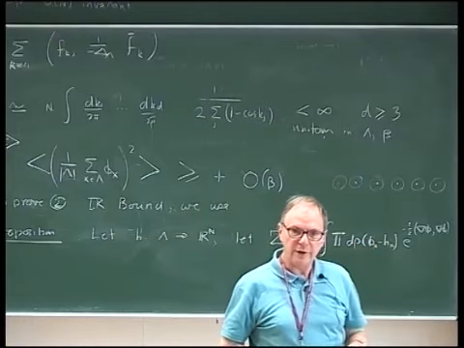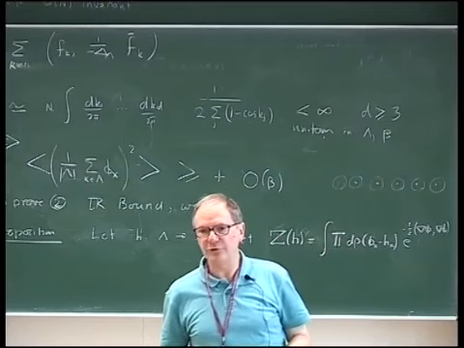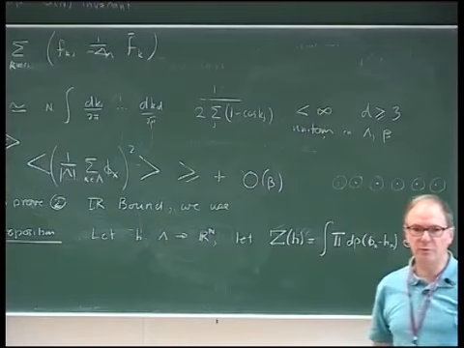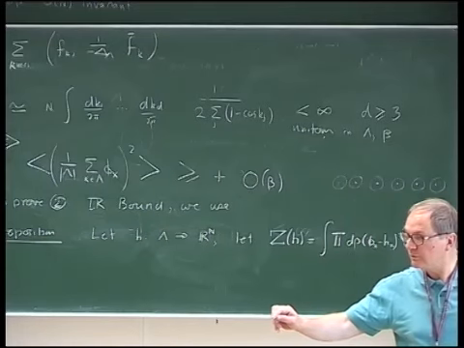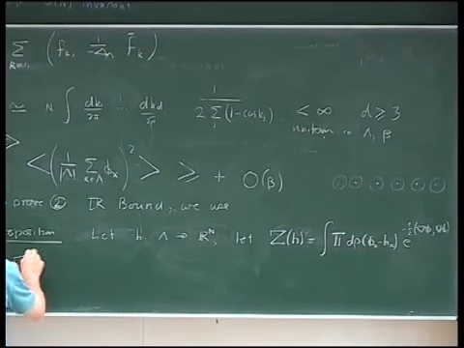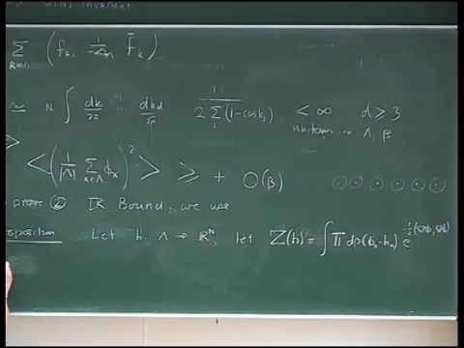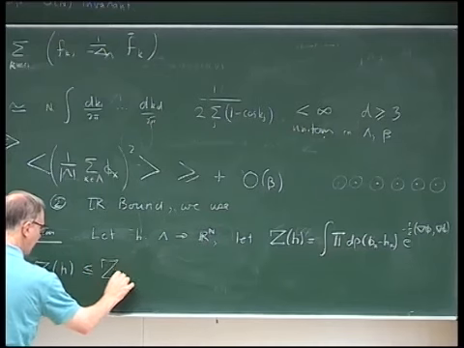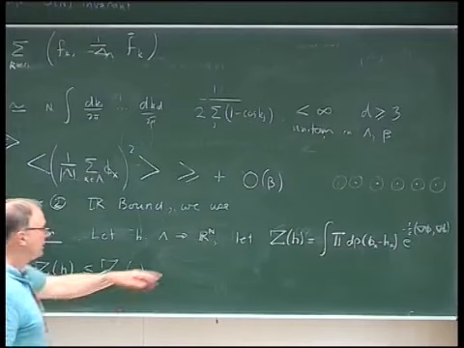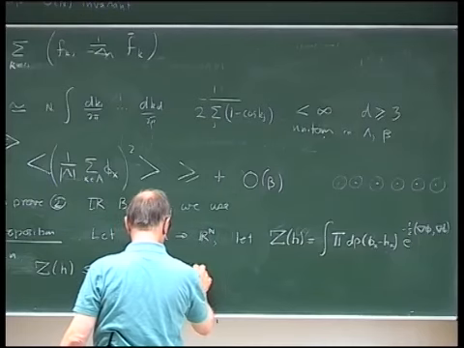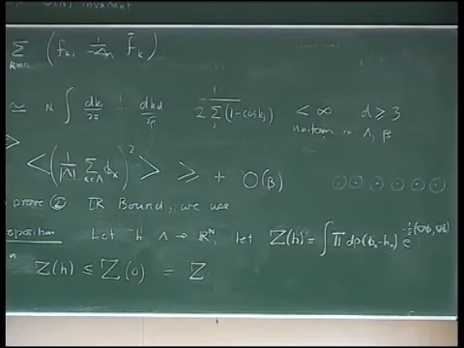And so you would think that that would force the partition function to be larger than it would be if they were all at the same level. And that's true. Z of H is smaller than Z0, meaning put H equal to 0, and Z0 is just Z, the partition function.